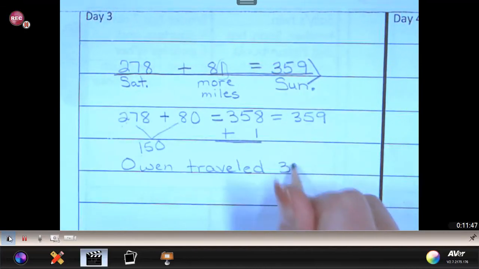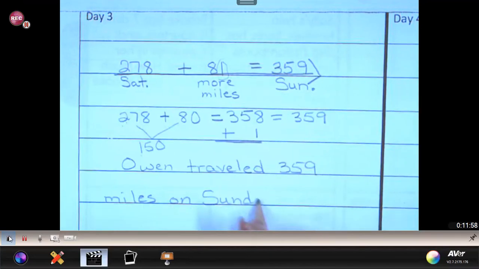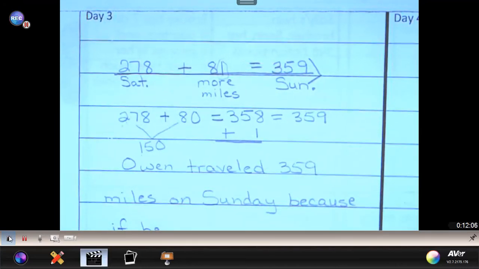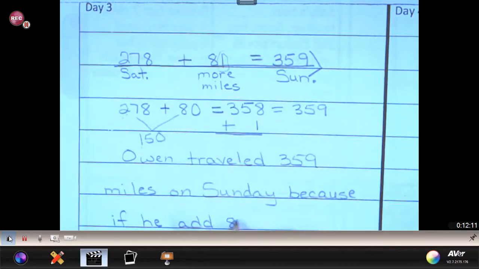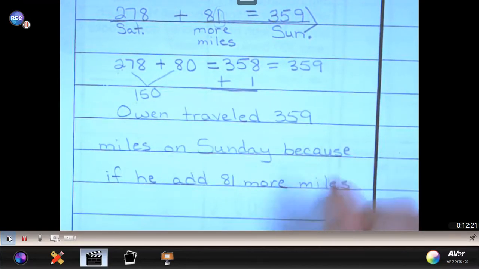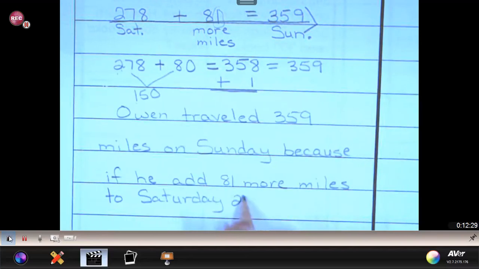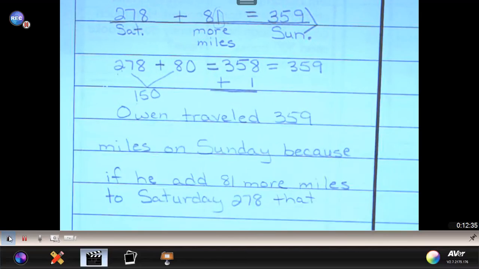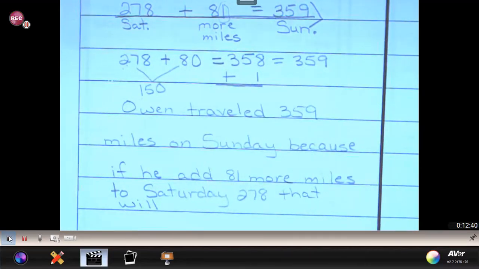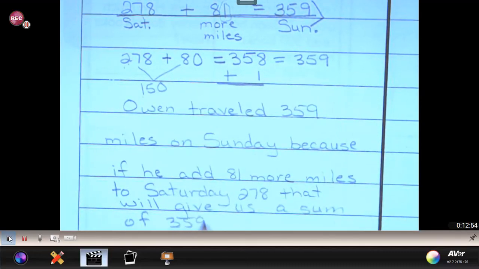Owen traveled 359 miles on Sunday because if he adds 81 more miles to Saturday, which is 278, that will give us a sum of 359 miles.